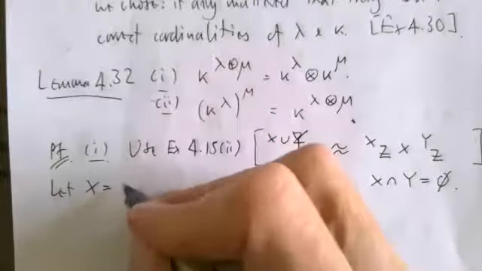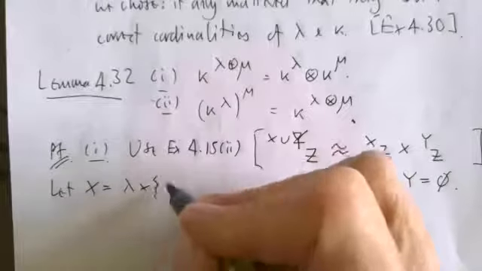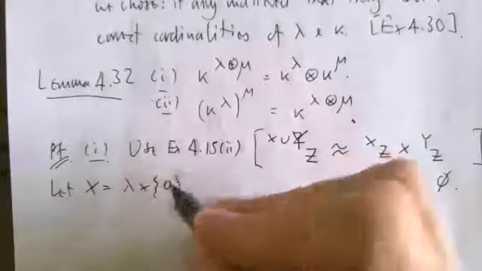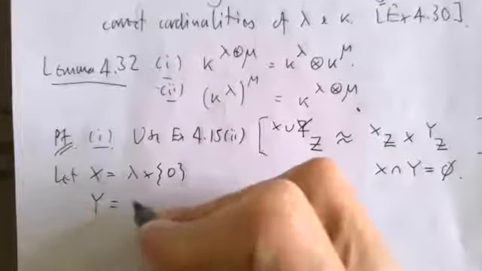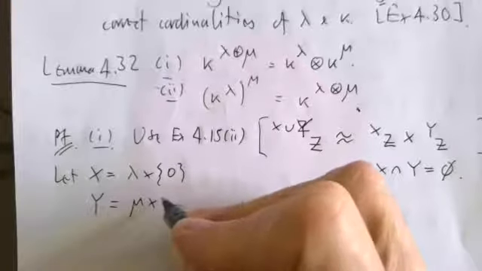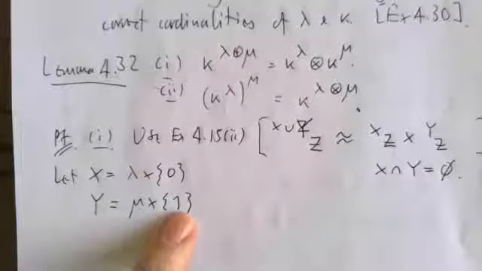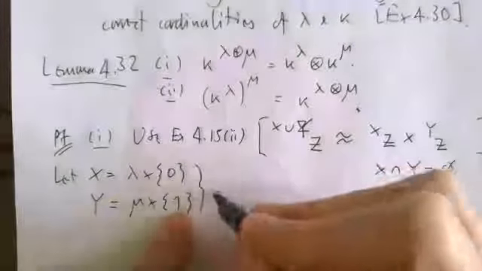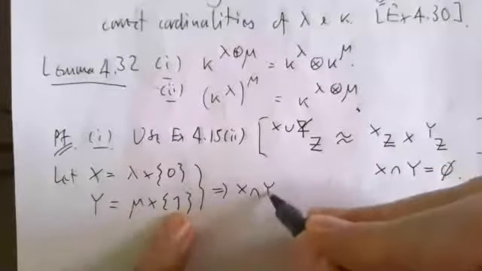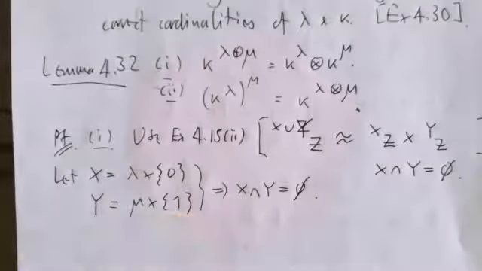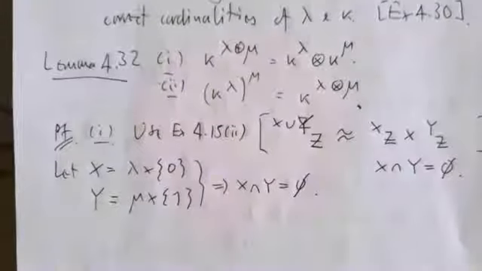So I'll let x be just lambda cross 0, and let y be mu cross 1. So this is this disjointifying trick. The intersection is empty here.